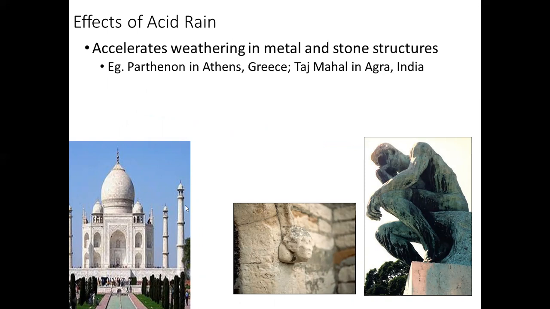Acid rain causes extensive damage to building structural materials made from marble and limestone, such as in Greece and Italy. Some invaluable stone statues have been partially dissolved by acid rain, and the Taj Mahal in India also suffers due to acid fumes emitted from a nearby refinery.